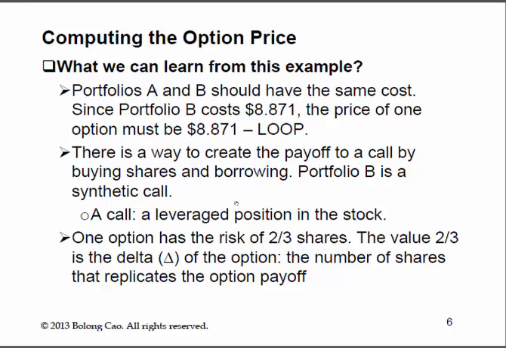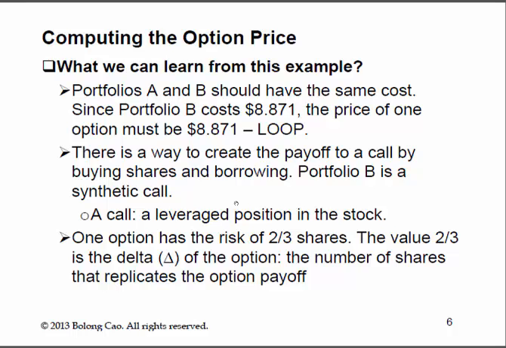We can see there is a way to create a payoff to a call by buying shares and borrowing. And portfolio B then is a synthetic call. And portfolio B is a leveraged portfolio, right? We have the equity in it and we borrow the rest, set up this portfolio, and it gives you a call payoff.